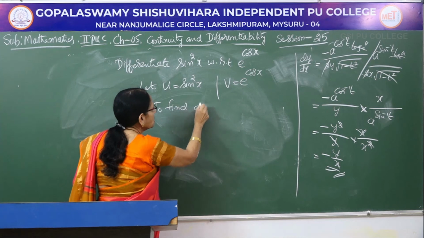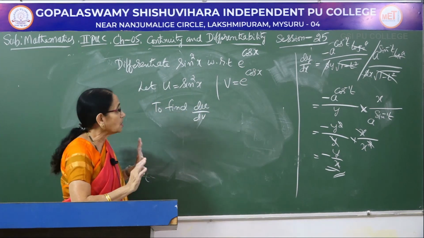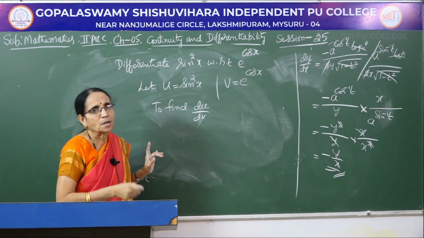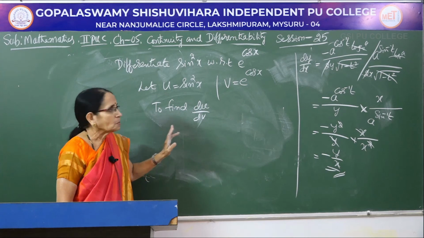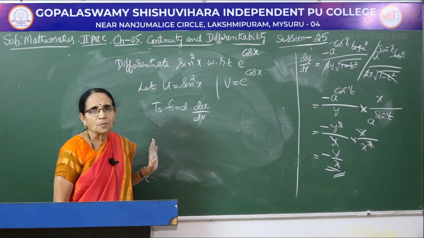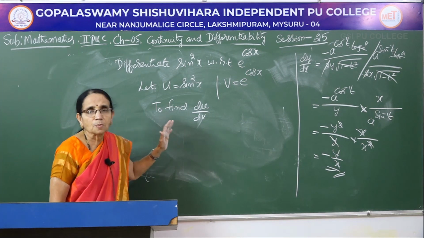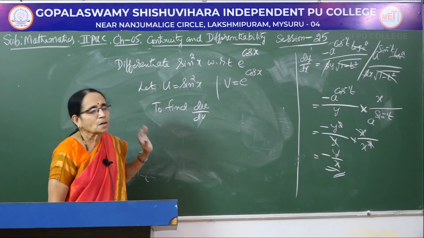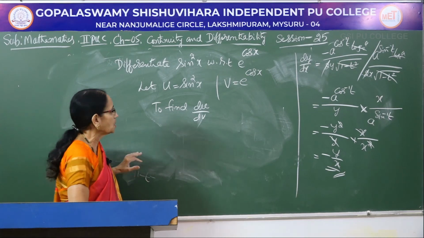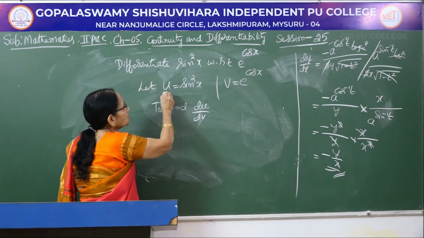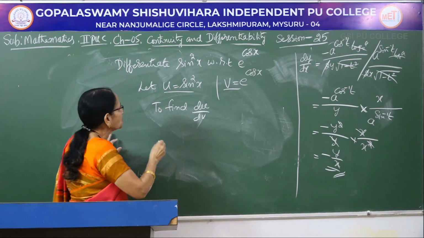To find du by dv. Write this first. It will not be given directly, you have to write it. So, here x is the parameter, because you observe both u and v have been expressed in terms of x. So, x becomes the parameter or the third variable. So, we have to calculate du by dv. For that, now differentiate both u and v with respect to x. What is the derivative?